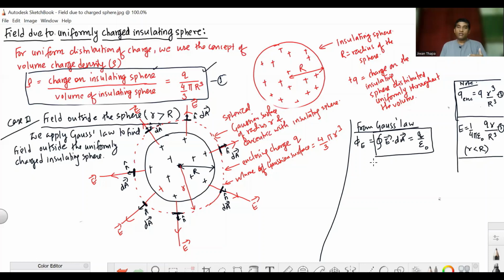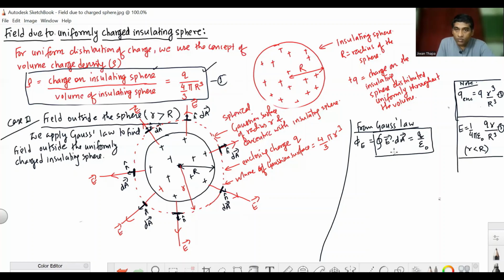And we use the condition of symmetry. At each point on the Gaussian surface, the magnitude of the electric field is constant, and the electric field and area vector are parallel to each other. So we can take the electric field out of the integral and calculate the electric field outside the insulating sphere.